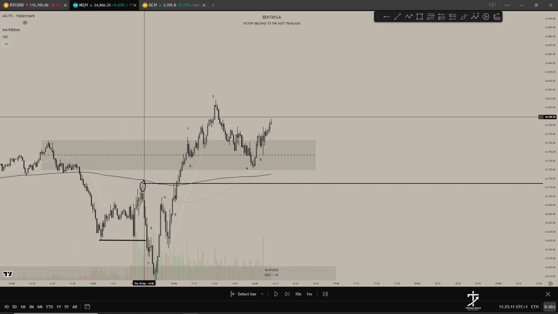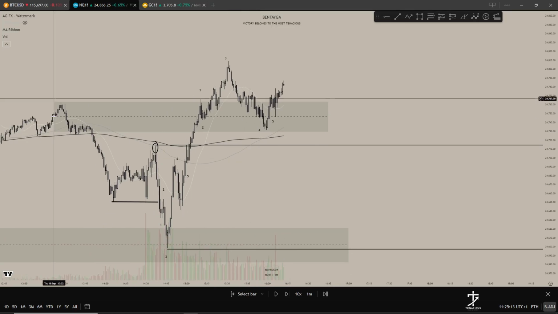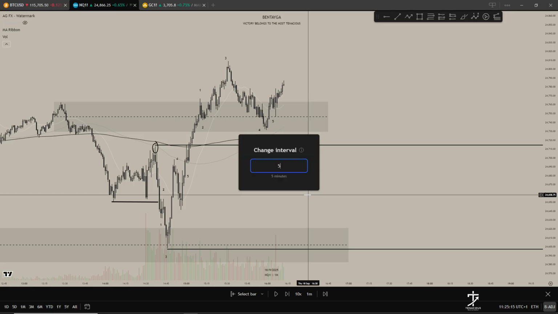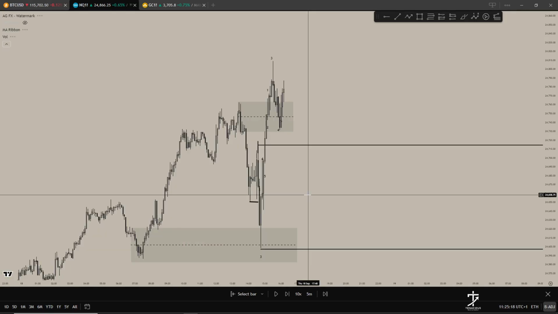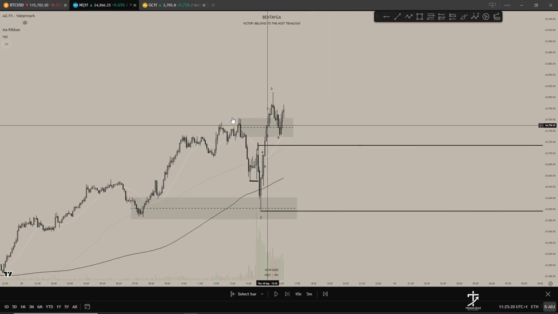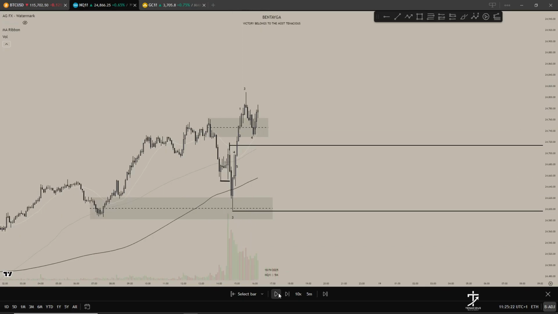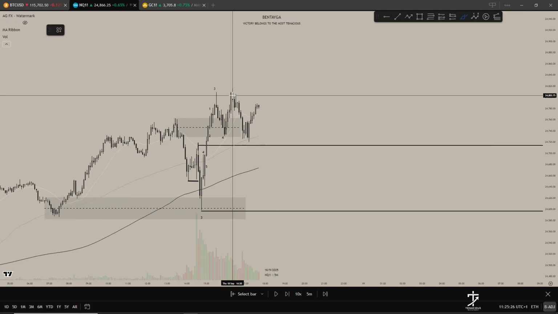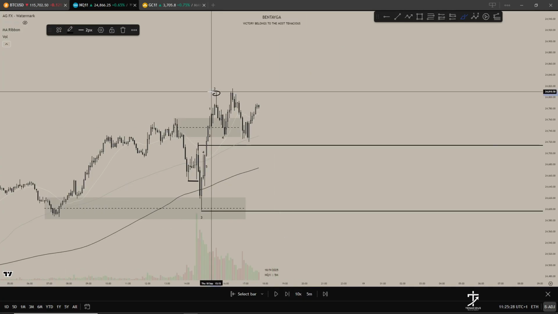Price is now technically bullish because we are now taking out previous higher highs. And then obviously when you go over to your 5-minute chart, you can see where we are within price. And then what happens? We end up taking out our previous higher high, which is this one here.